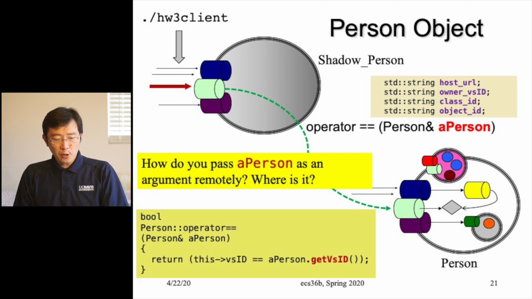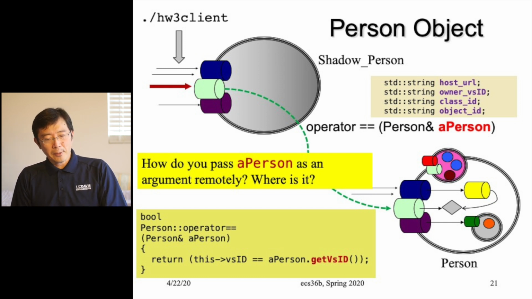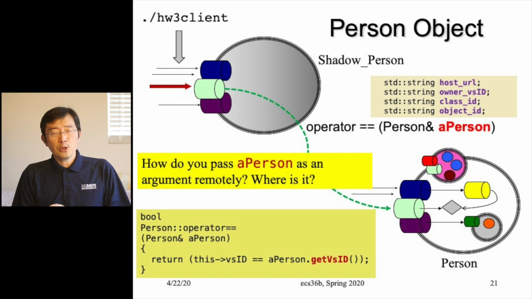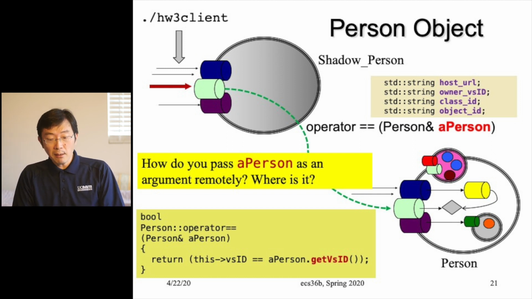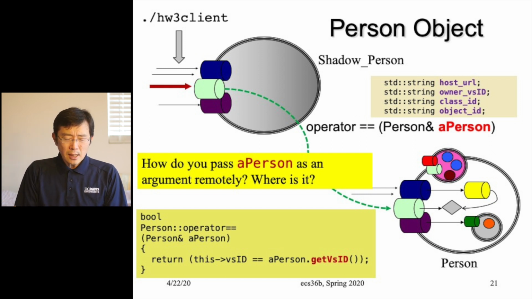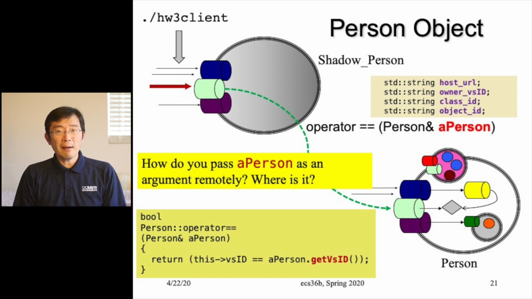You can see that the first one will return this VSID. And this part is okay, because you already route that whole call to the real object, not a person, but the real object of that call, who received that call. And that object, of course, should have this VSID.